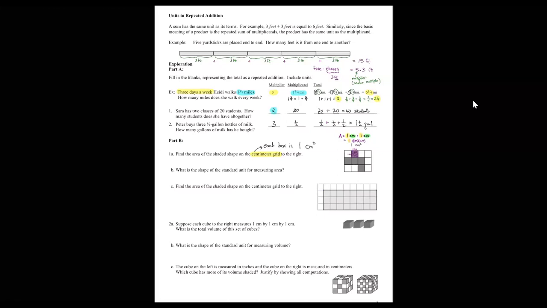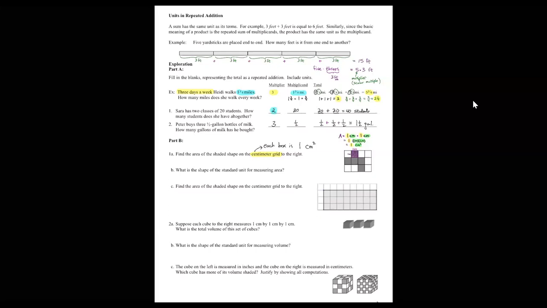So I have 1 centimeter squared as being the area. So the cm's come together to give me a cm squared. And that's the progression, right? So I got one of them. Now I need all of them.